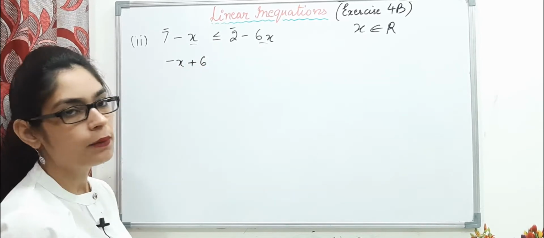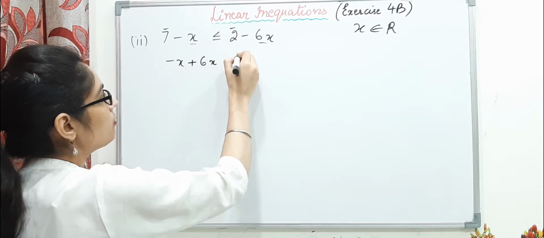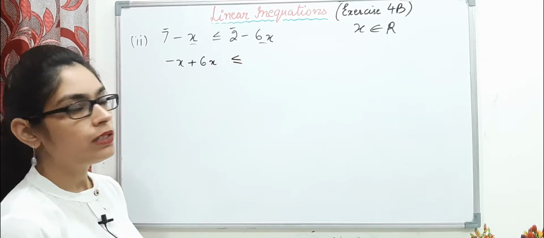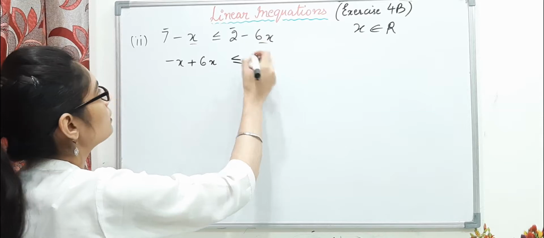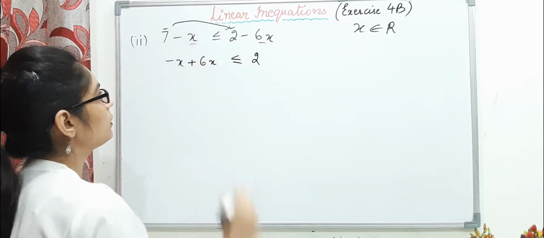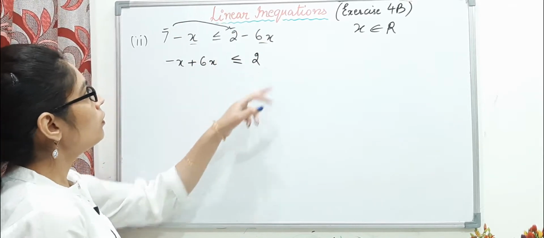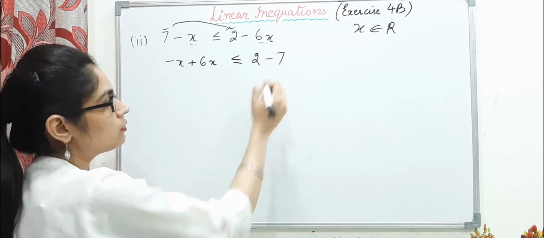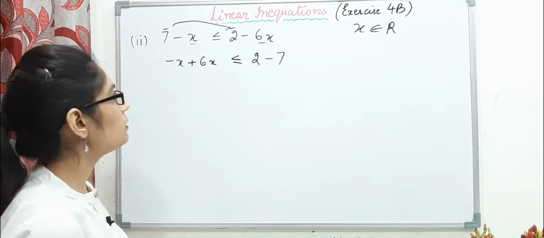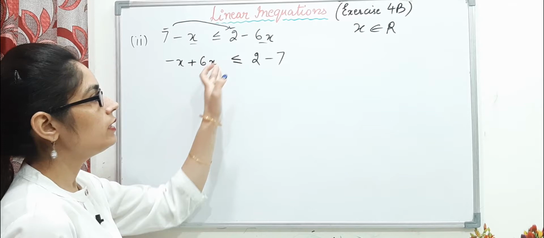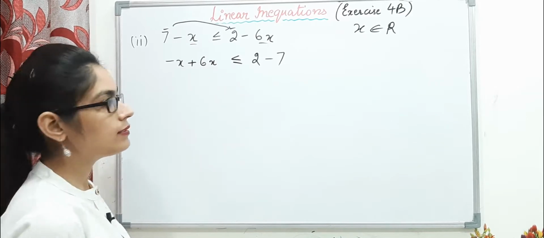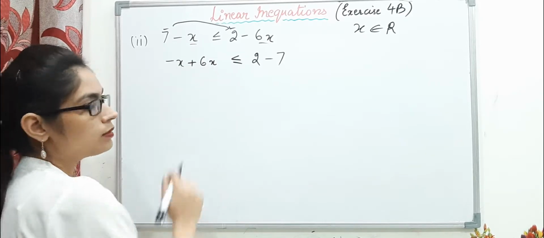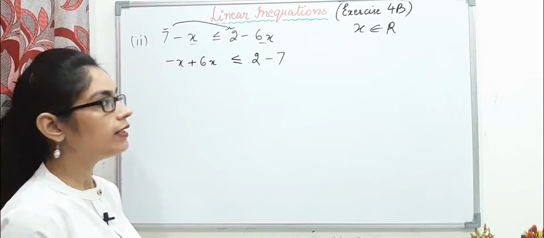So minus x plus 6x, the sign will remain same, less than or equal to, here 2 I will write as it is and this 7 I will shift to this side. So 2, this plus 7 will be changed to minus 7 on changing the sign. So minus x plus 6x is less than or equal to 2 minus 7. So minus plus minus, the sign which is with the greater number.